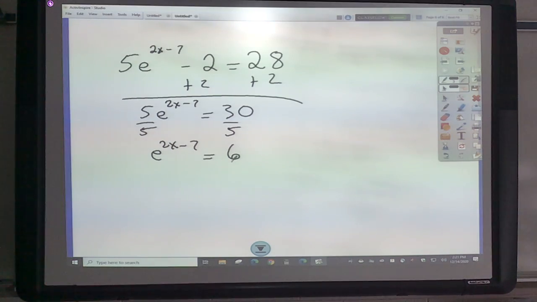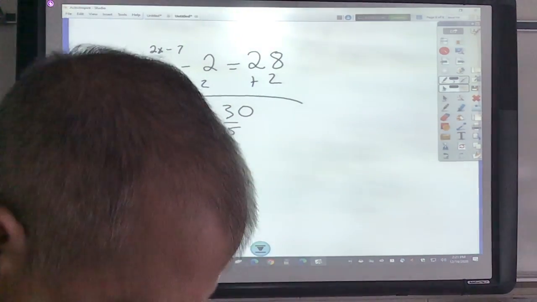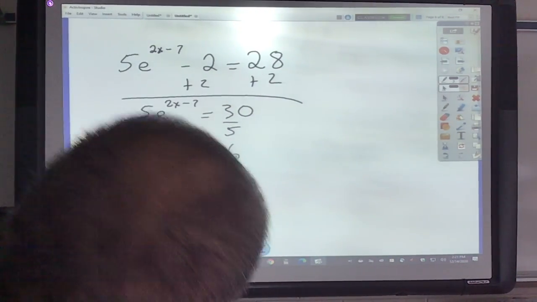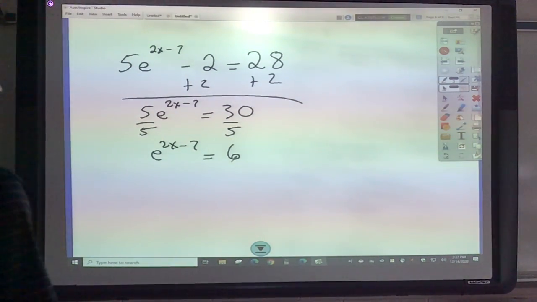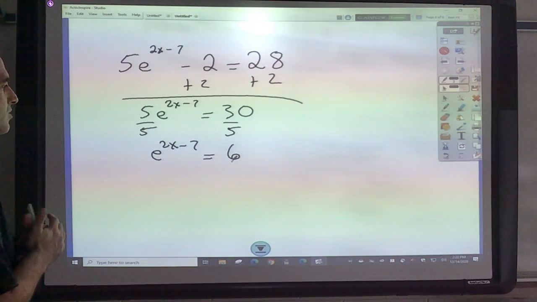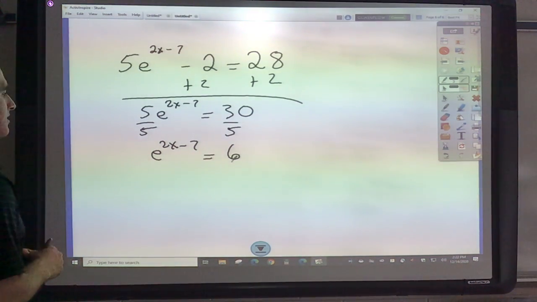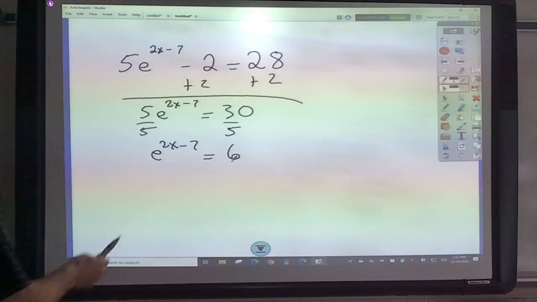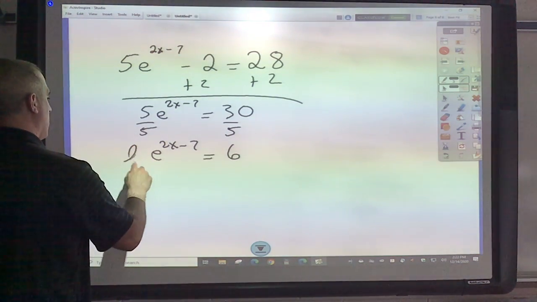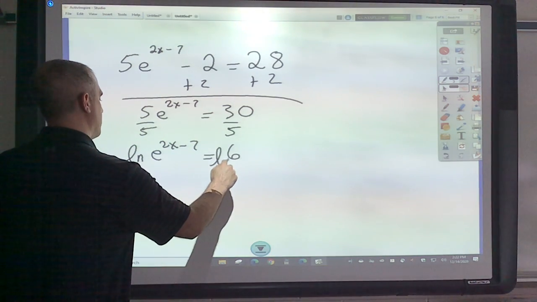All right, now, a simple conversion here. What I want to do is, e's are a little bit different of problems. I want to do natural log on both sides.